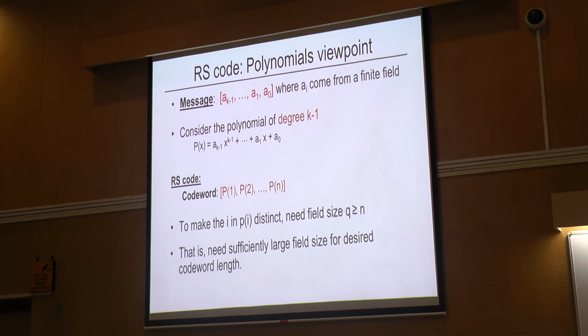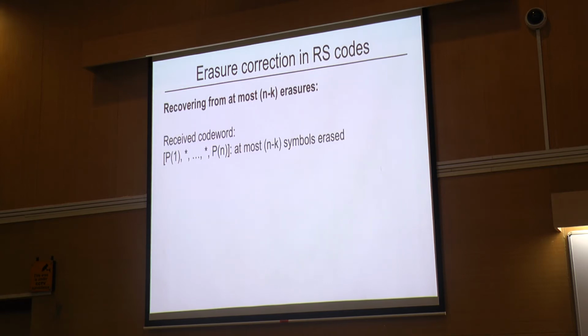Okay, so now we have the code. Let's see how it helps in recovering erasures. I told you earlier that Reed-Solomon codes are MDS, and we know that MDS codes can tolerate any n minus k erasures. So at the decoder, some locations of this n-length code word will be missing, which is at most n minus k missing.